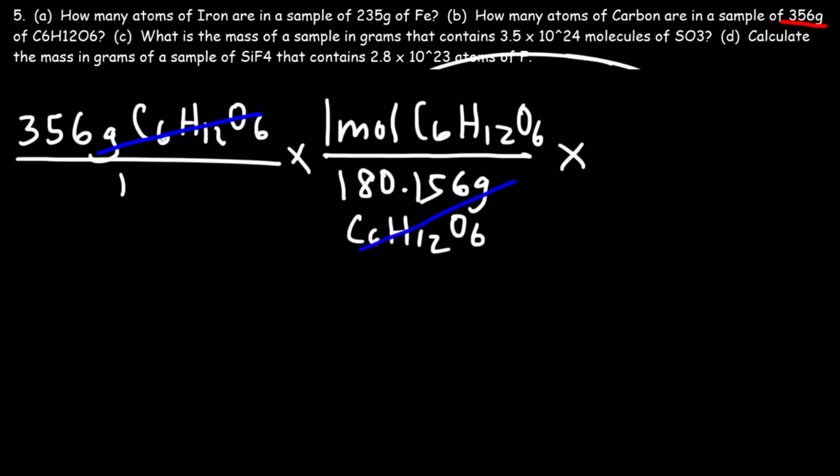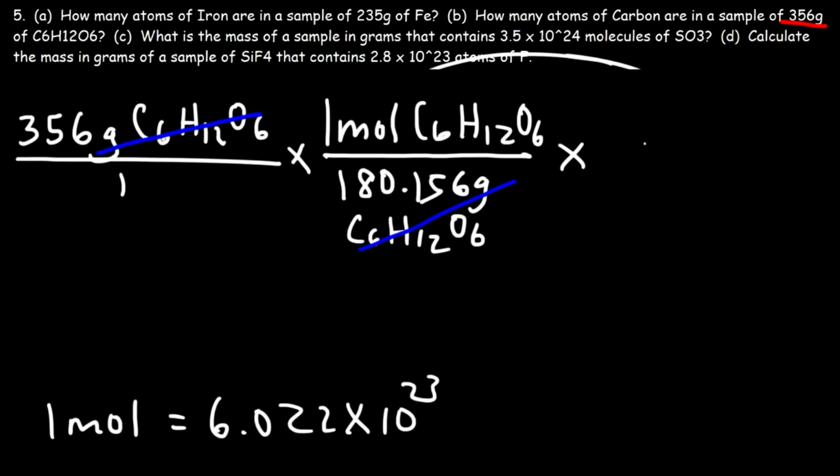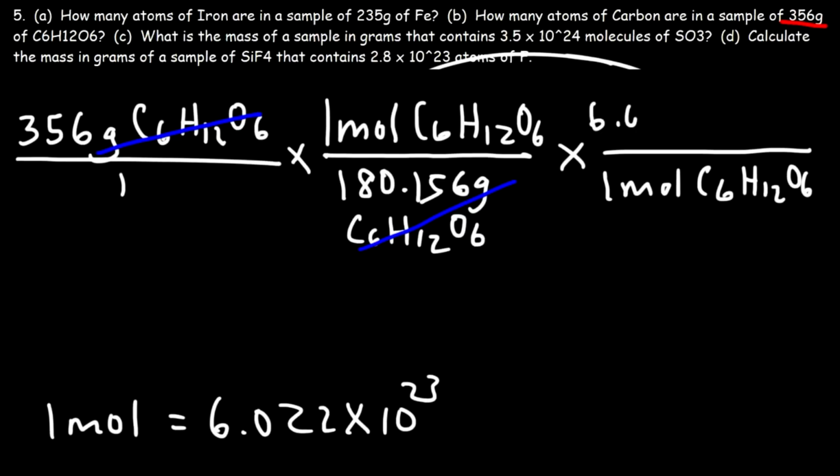So now let's use Avogadro's number. So let's use the fact that 1 mole is equal to 6.022 times 10 to the 23. So we could say 1 mole of glucose has 6.022 times 10 to the 23.